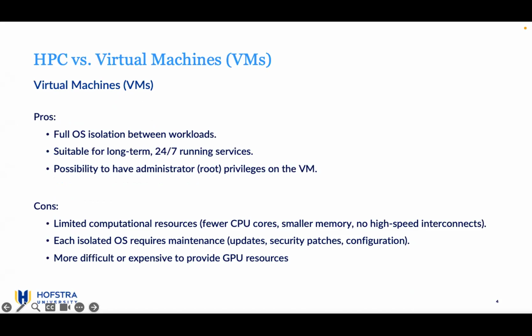Classic virtual machines have several advantages and disadvantages. First of all, it's a full isolation between workloads, because you can create a virtual machine with a different operating system, with a different version of kernel, and you have full isolation.